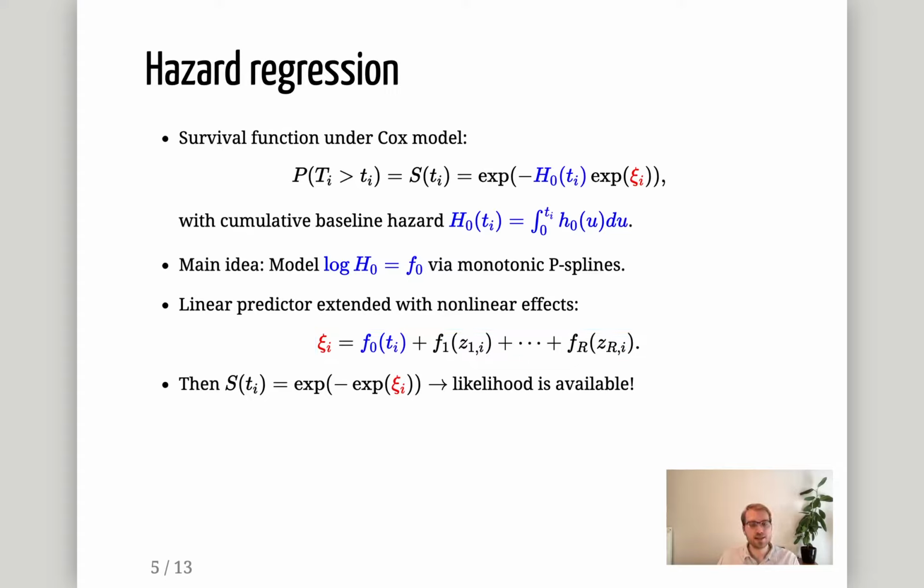And like I said, the main advantage is that we get a closed form expression for the likelihood for all censoring schemes, making inference much easier and accelerating inference, because otherwise we would have to use numerical integration or another approximation.